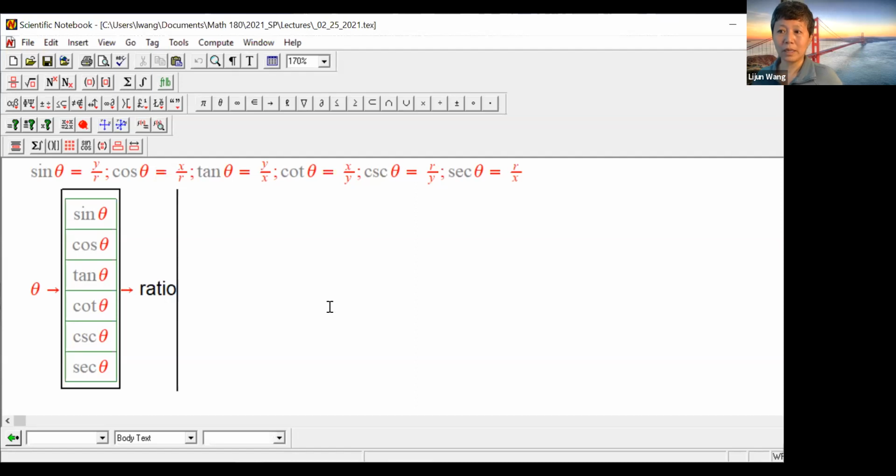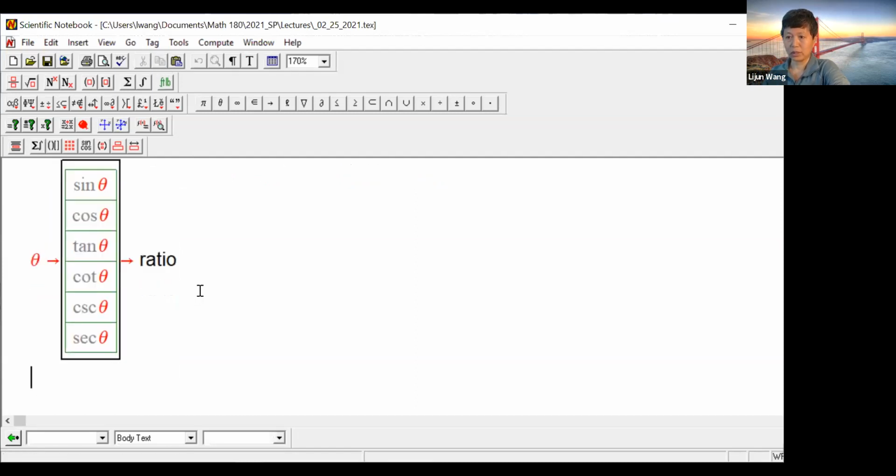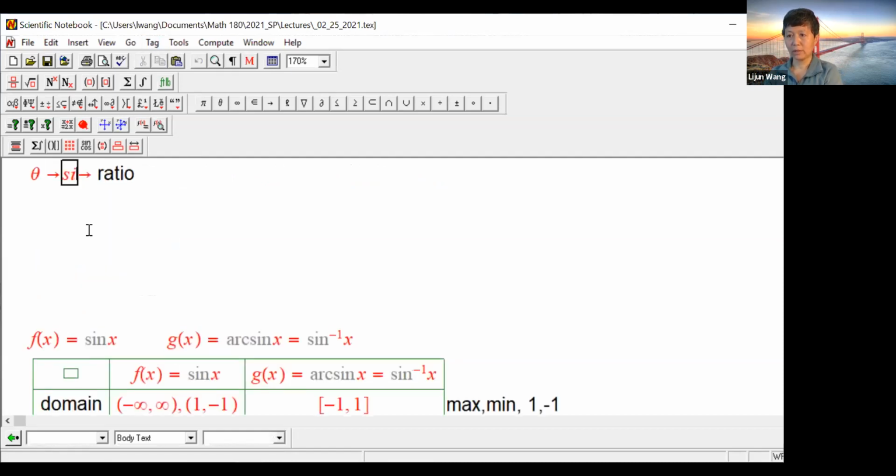Now, let's come back to study sine. What is a domain? What is a range? Right? So now we're going to look at this. I'm going to remove all of these, just sine theta in particular.